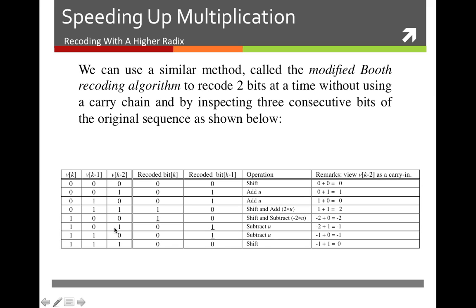I'm sorry, I think we did it the other way around. We actually multiply this by 2 and then subtract this from the sum of these 2 bits. The bits are in reverse order. So here we have it.